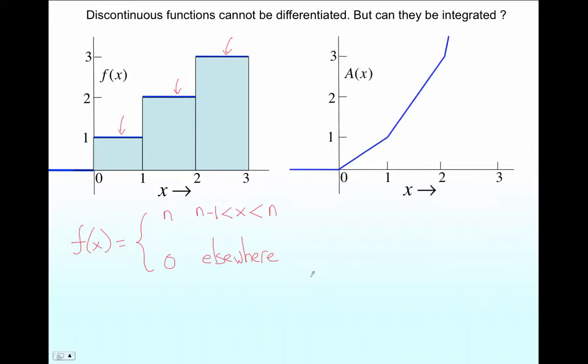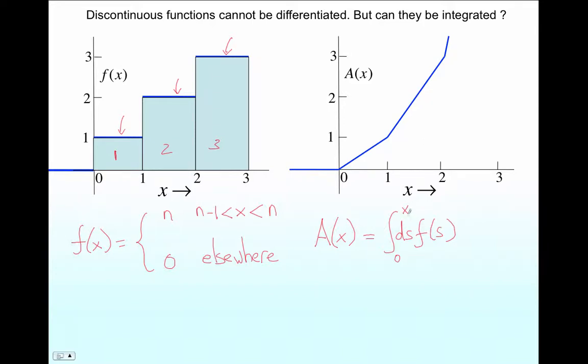On the other hand, the integral does exist. So let's look at this area between 0 and 1. That's 1 unit. That's 2 units. That's 3 units. Now let me define the area A as a function of x as being the integral of f of s from 0 up till x.